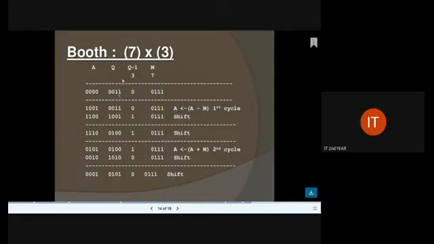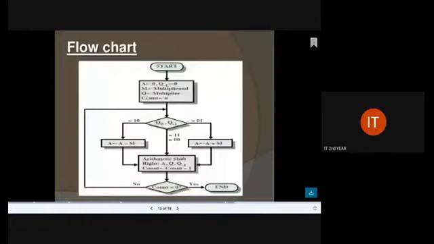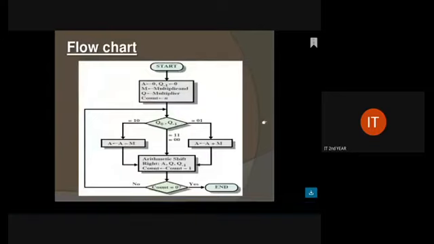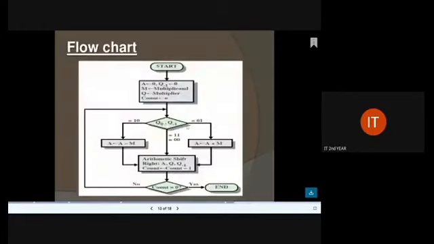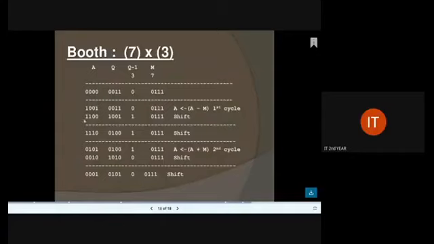Now we are going to process the proceeding steps. In the first cycle, we are just referring to the flowchart idea, and now we are moving on to the basic thing. So we will have to identify the Q naught value. So here, just a second.